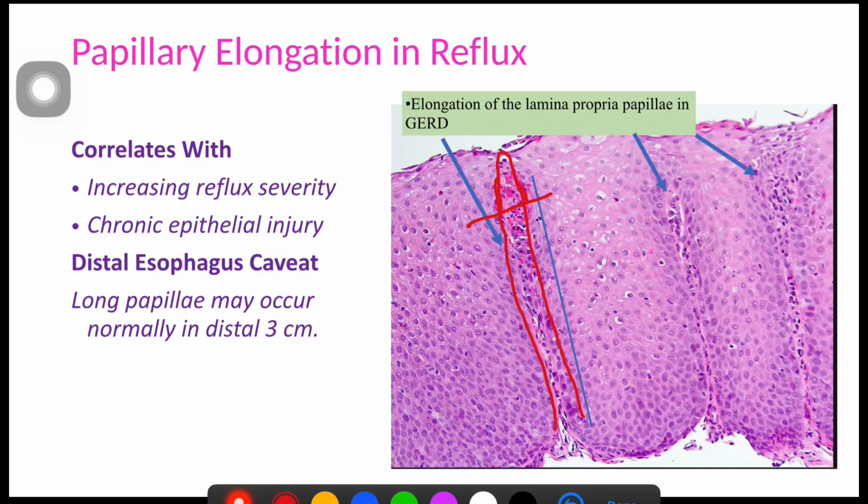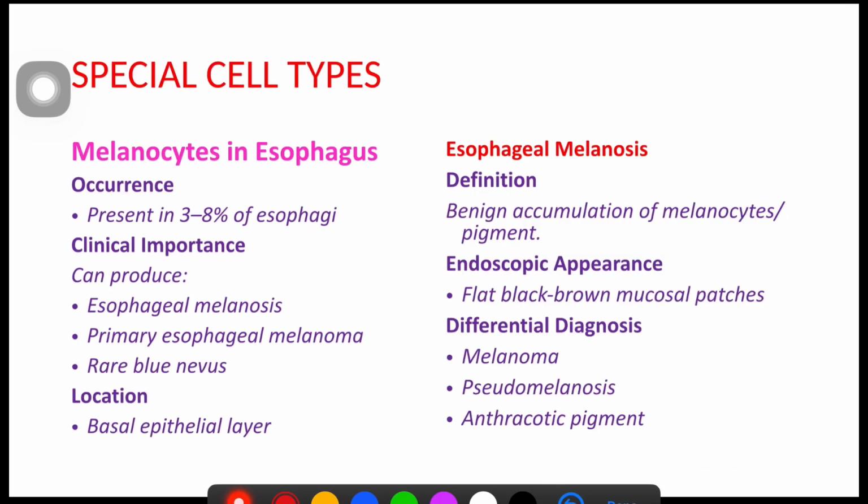So, this is the elongation of lamina propria in GERD. This is a microscopic diagnostic point whenever you find this type of elongation of lamina propria papillae in the biopsy.